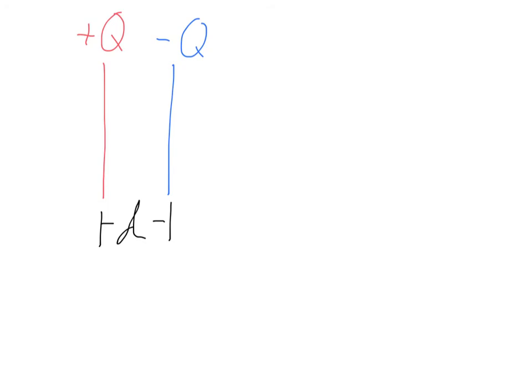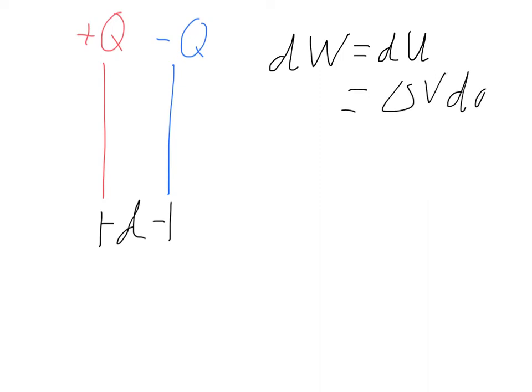So if we wanted to consider just a tiny little bit of charge, there's an infinitesimal amount of work being done, and we remember that that's going to be related to the change in potential energy, that small amount. Since we know the relationship between potential and potential energy, this would be that potential difference times that tiny little bit of charge.